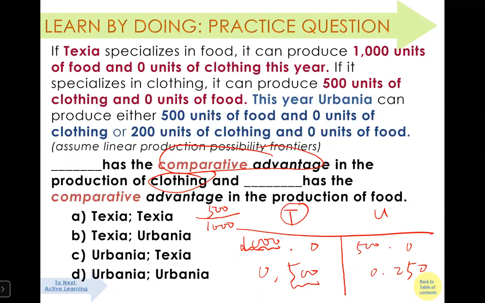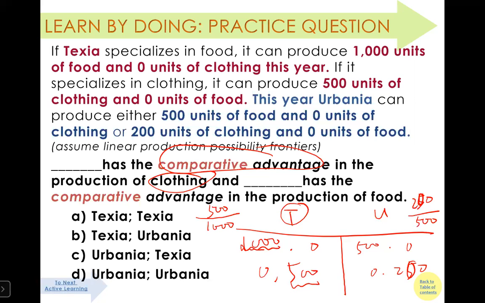Now we look at Urbania. In order to produce 500, they give up 200 food, sorry, 250 divided by 500. Wait, I apologize, there's a mistake. This will be 200.